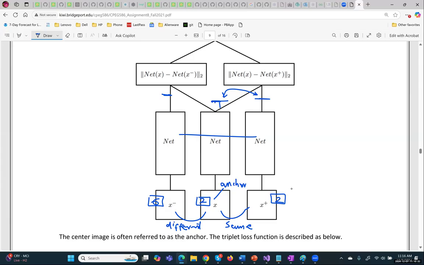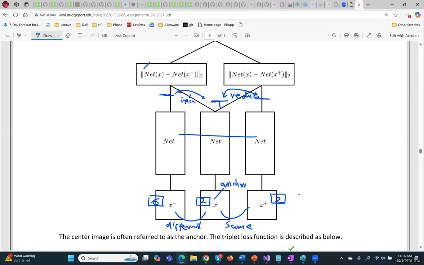Remember, they are always the same category, so it has to reduce. Yes, that's correct. How about this distance? It will try to increase this during the learning process. If you take a look at the loss function, you'll see that's exactly what it's doing.